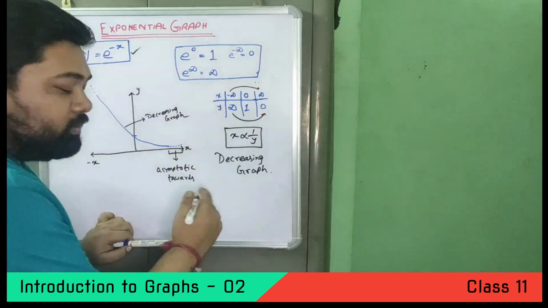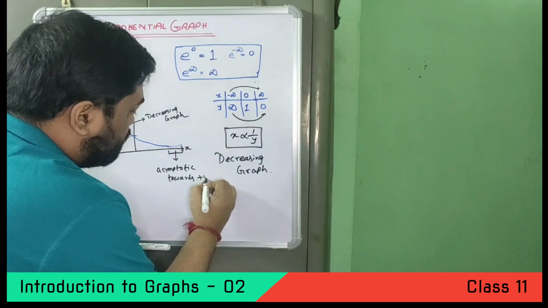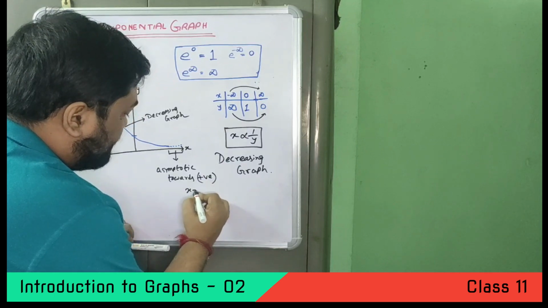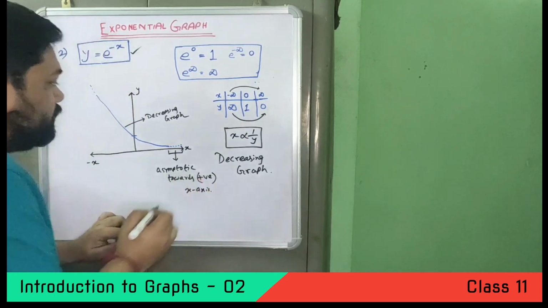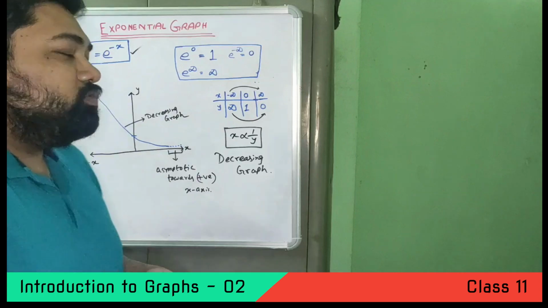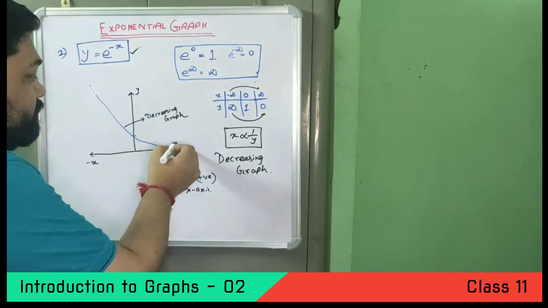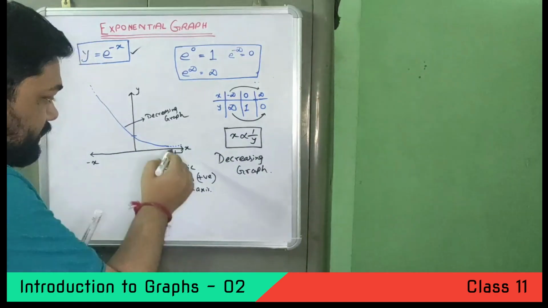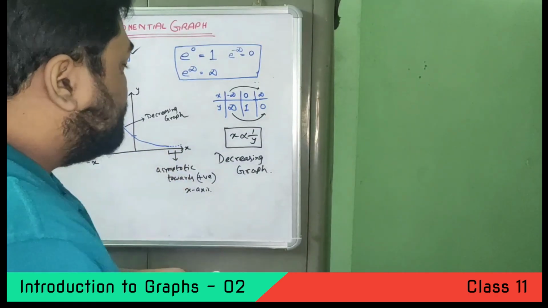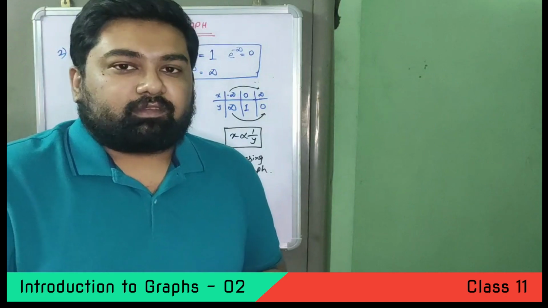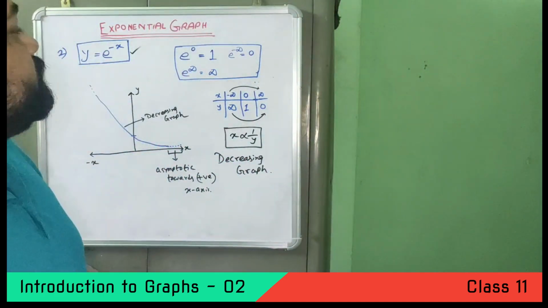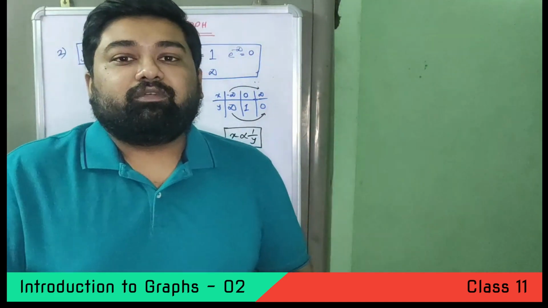This is the positive one, so this will be asymptotic towards the positive x-axis. So this is actually a decreasing type of graph, and this infinite value, that means this point, is actually asymptotic towards the positive x direction. So this was all about the exponential graph.